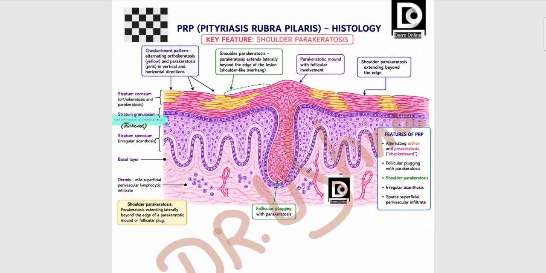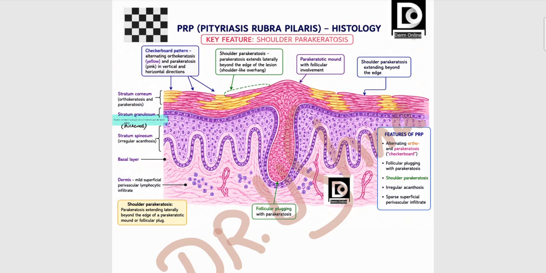So what are the points of PRP we have gathered so far? Checkerboard appearance due to ortho and parakeratosis, then follicular plugging, very important feature, shoulder parakeratosis, and one more important thing: your eye is catching another important point, that you are able to see granules in the granular layer, which was not there in the psoriasis.